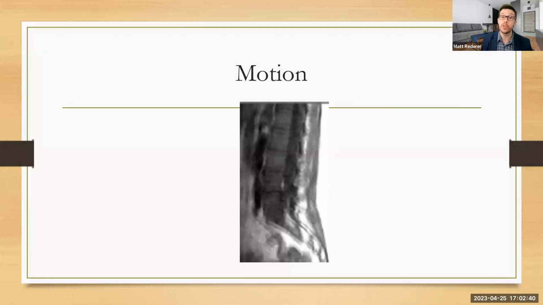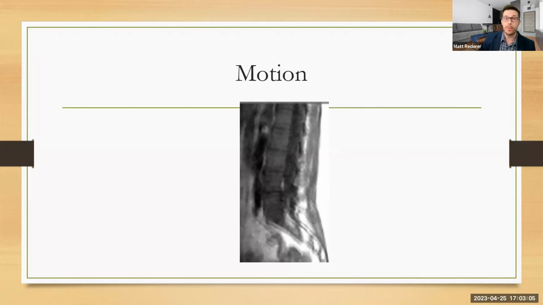This motion can come from a few different things. It could come from breathing. The patient might be taking big breaths in and exhaling, and we're seeing this motion artifact on the image. It could be from the heart beating, as simple as just the heart beating in the chest if we're imaging the chest, or thoracic spine. It could be peristaltic motion, the movement of our bowel as it pushes stool out.